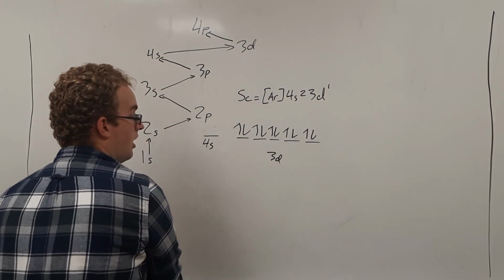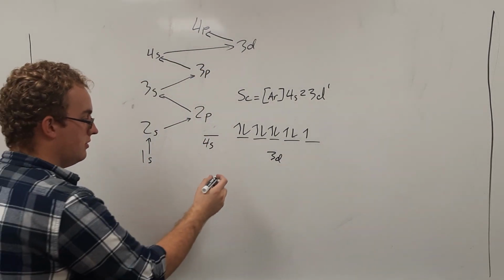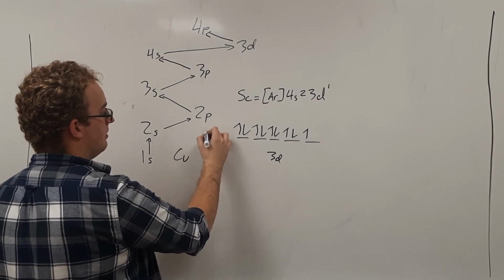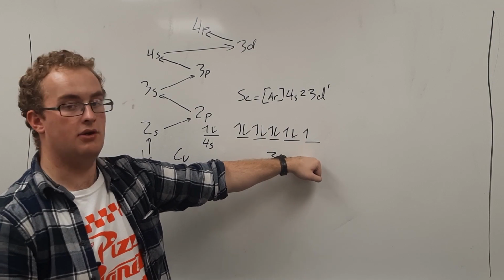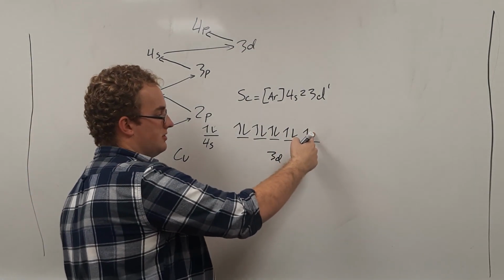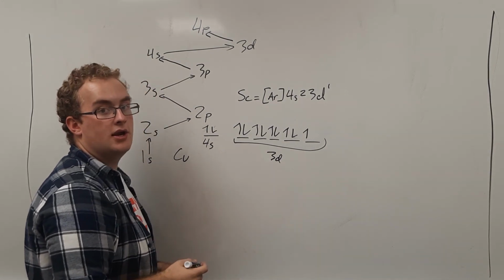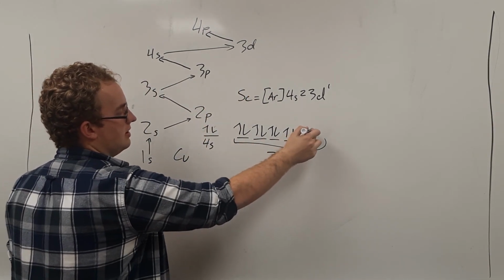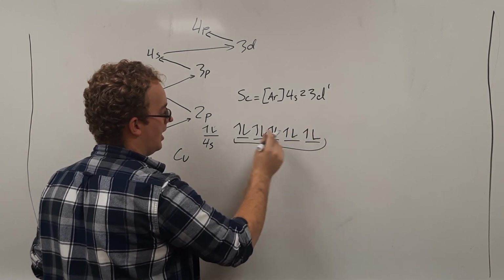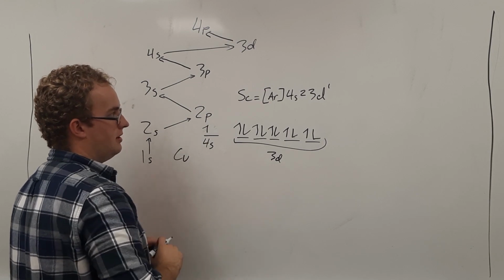Now let's say this happens specifically with copper, Cu. It will have 2 in the 4s, and then we'll have 9 in the 3d orbital. And if it just had one more electron here, this would be super stable, and it would feel great. So what copper tends to do is, because these are so close, this stability would be so nice that it steals an electron from 4s to do it, right?